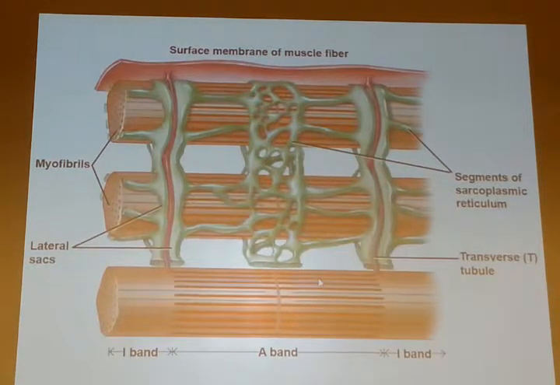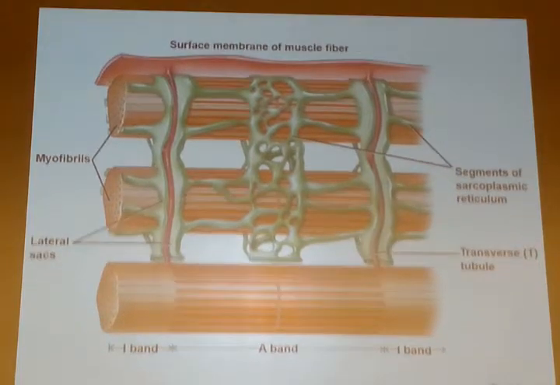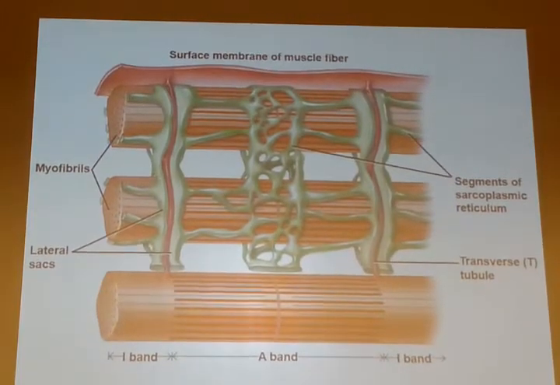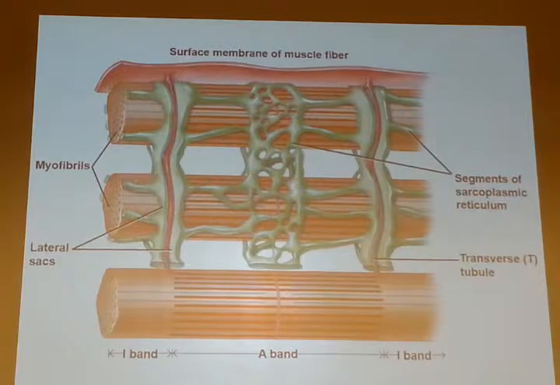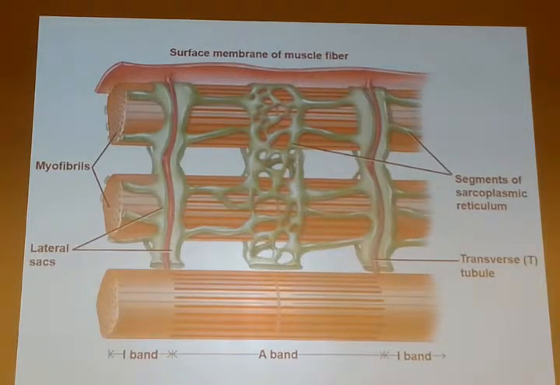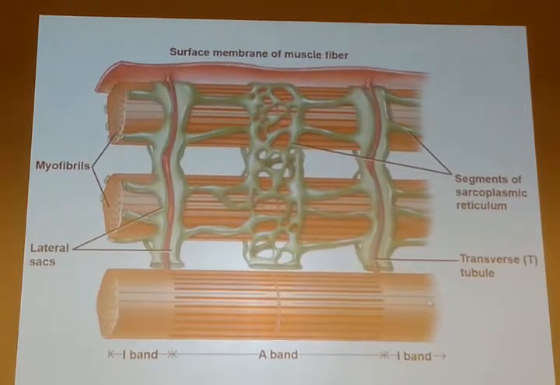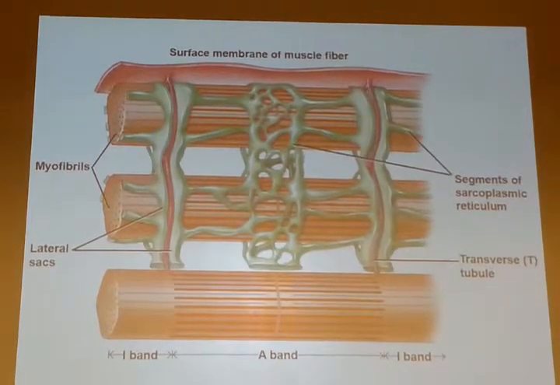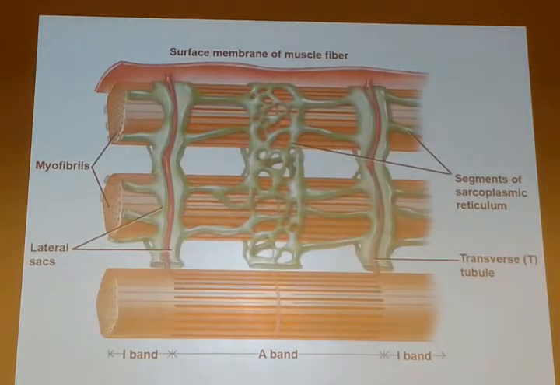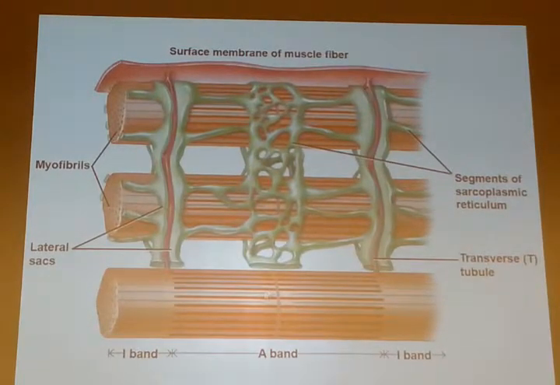And what's the internal elastic component that helps to bring your sarcomeres back to resting level? Titin, yes. So which band is going to shorten? I band. What about the H band? H band too.